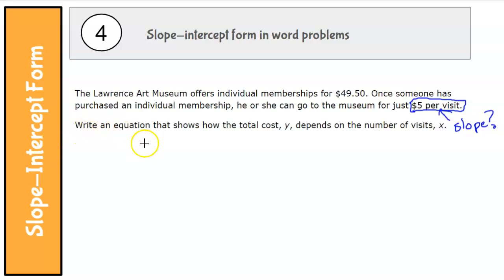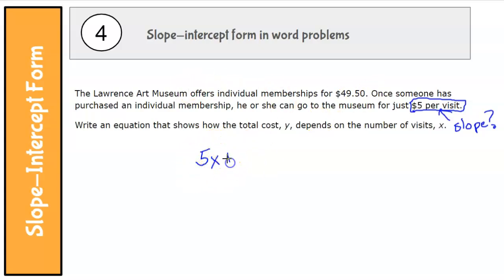It says write an equation that shows how the cost y depends on the number of visits x. So I know this is probably the slope, the coefficient of x. It's $5 per visit. So I would take 5 times 3 or 5 times 8 or 5 times 9, however many visits I went. That's how much it's going to cost me.